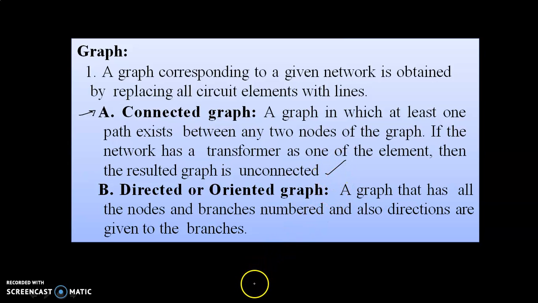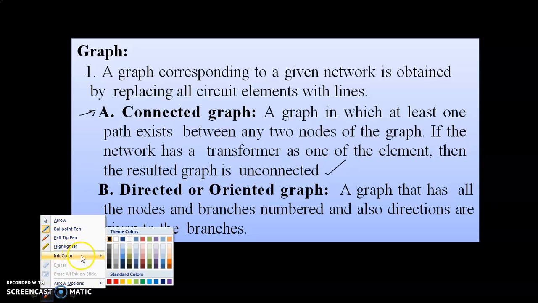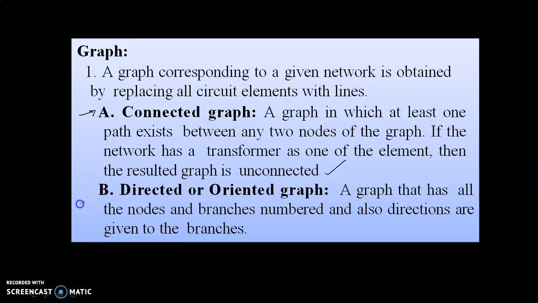The second, part B, is directed or oriented graph. A graph that has all the nodes and branches numbered and also directions are given to the branches. What is the key point of this? Part B has two key points: a graph that has all the nodes and branches numbered, key point 1, and also directions, key point 2.